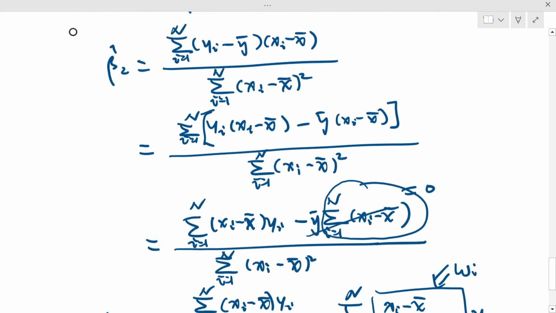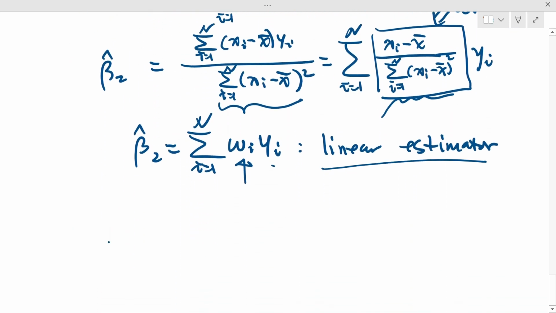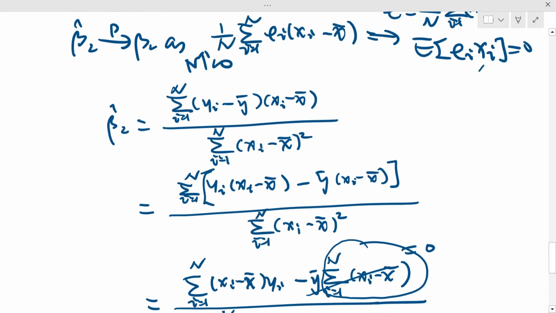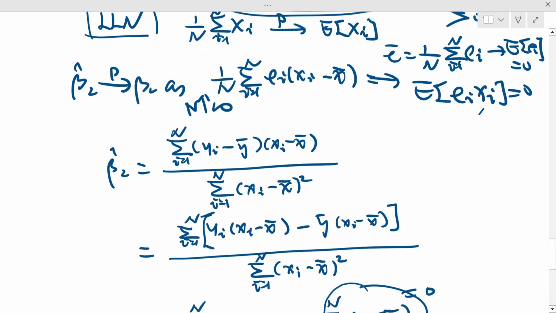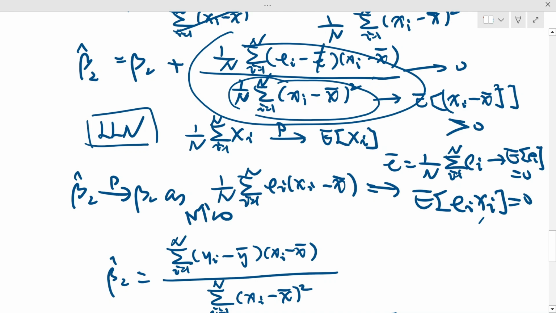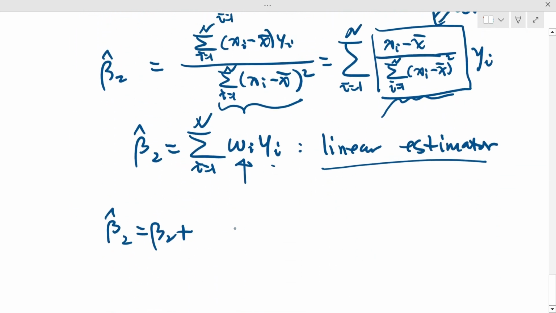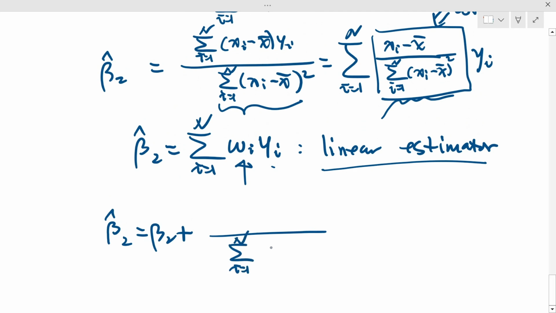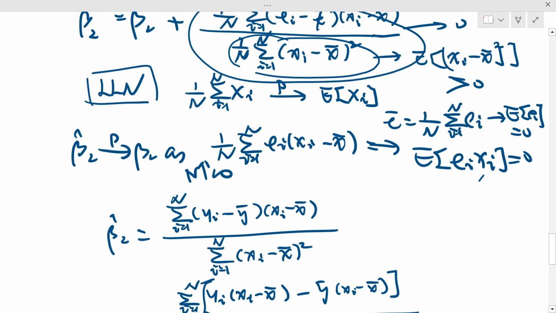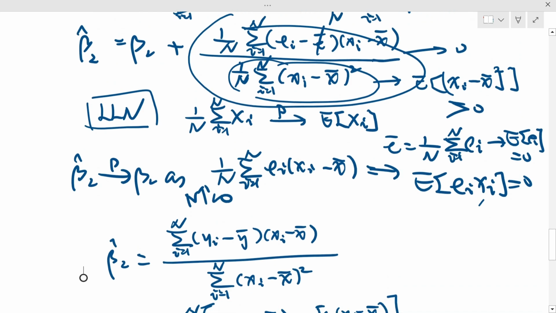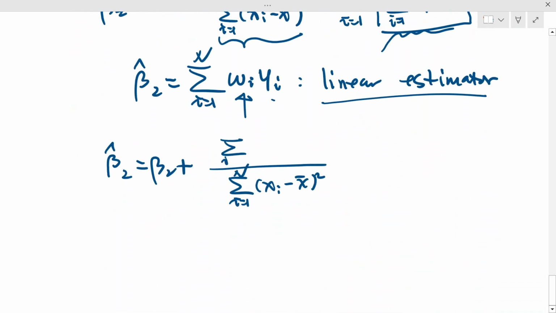So the OLS estimator is a linear estimator, and previously we also had this algebraic representation written as beta 2 plus these terms, e i minus e bar times x i minus x bar.